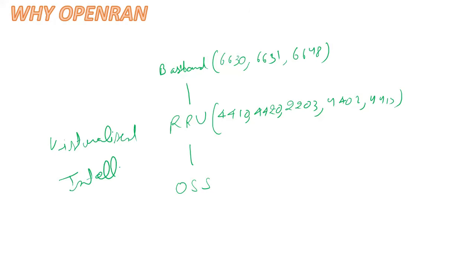We want the baseband, RRU and OSS to be interoperable. This is the term used by ORAN a lot. Interoperability is very important: the baseband and RRU should be connected with any interface, and the RRU can be connected with the OSS with an open interface. That's why we need Open RAN.